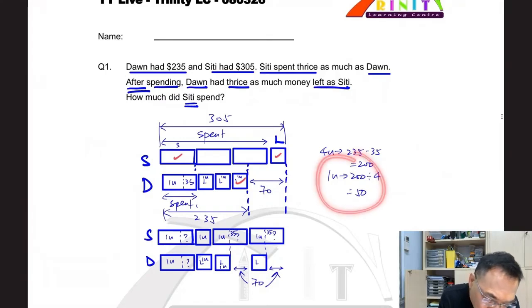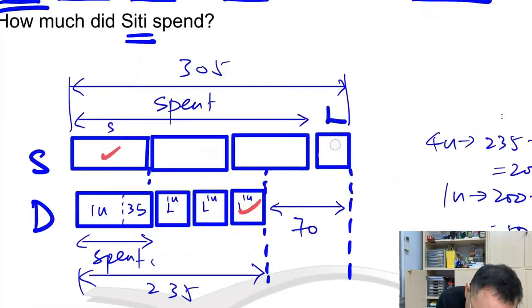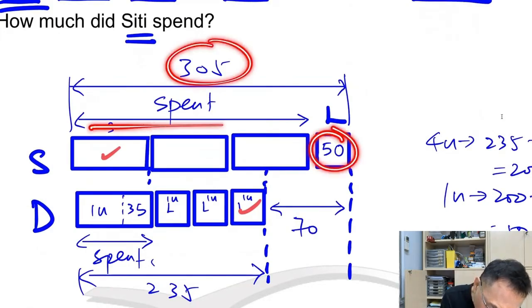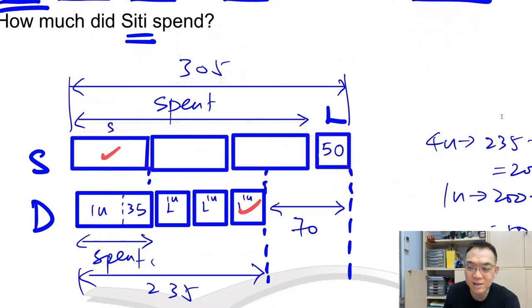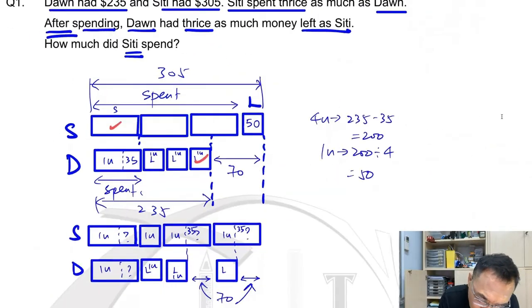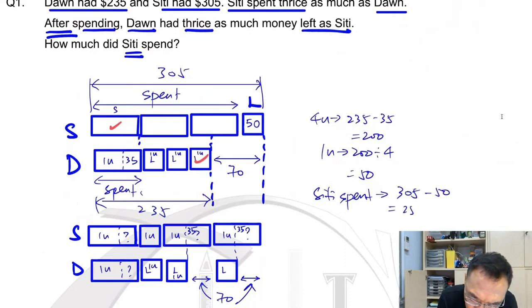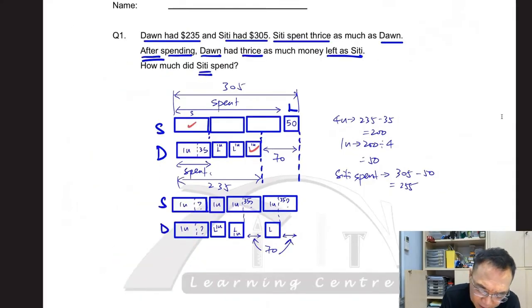So if 1 unit is 50, then I know that this must be 50. So if this is 50, and I take this minus this, I will get this. So that is your shortcut. That is the fastest way to do it. So now you take 305. So Siti spent 305 minus 50 equals 255. And that is the answer to the question.